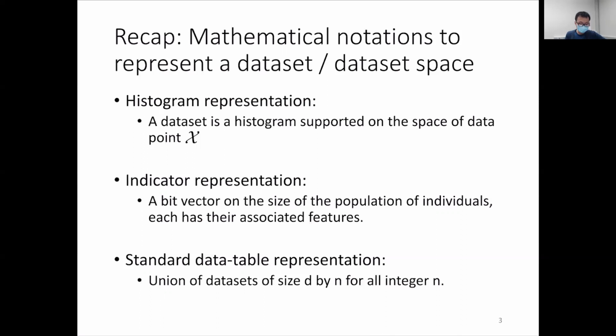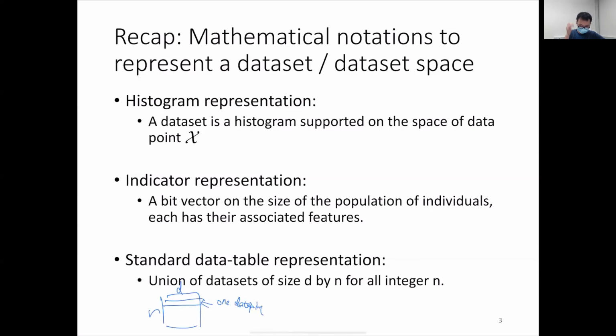There are three representations of the data set that we talked about in the last lecture. I'll start with the last, called the standard data table representation. This is the most typical representation of a data set. Consider a data table that's n by d, where d is the dimensionality of individual data points, and every row is one person, one data point.